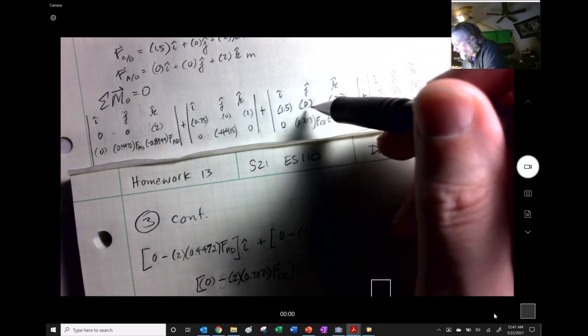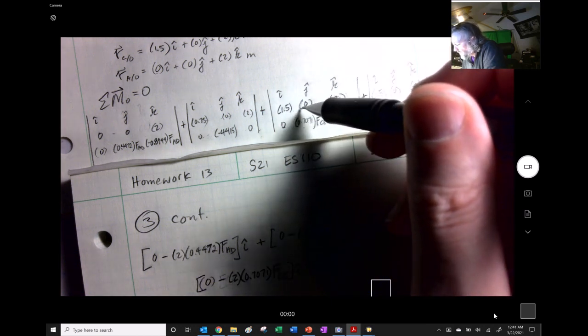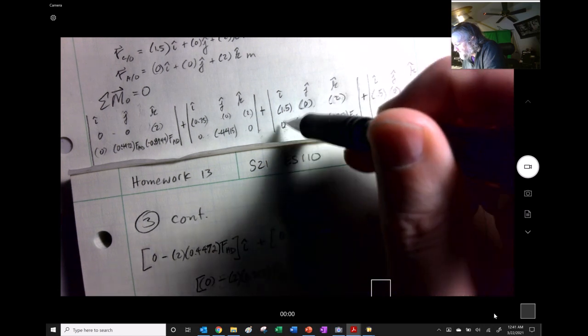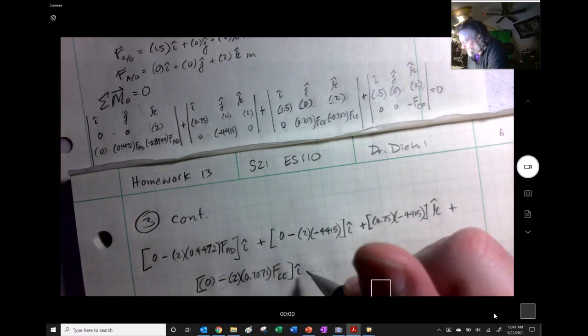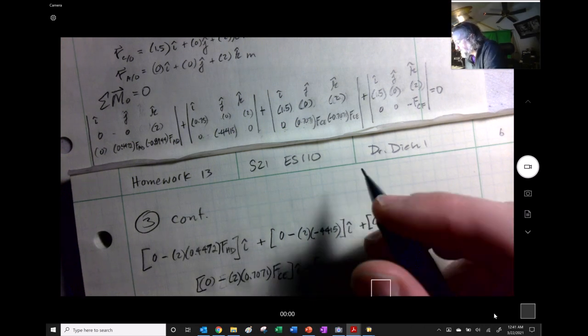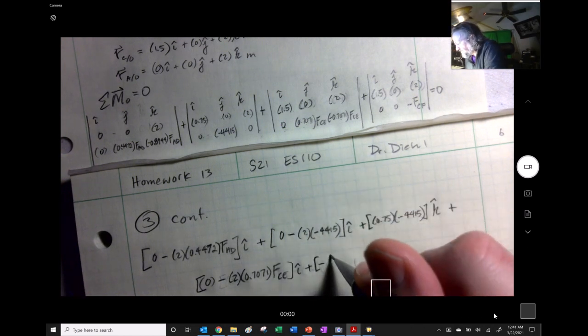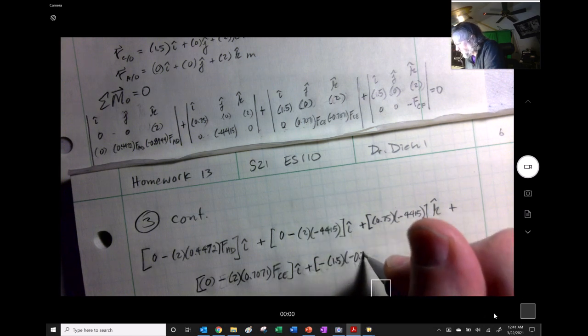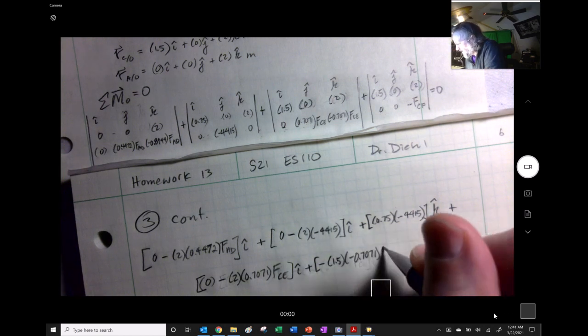All right, so that one times that one minus that one times that one, but this needs to be minus, remember? You have to take a minus onto this one. 1.5 times a negative 0.7071 FCE.